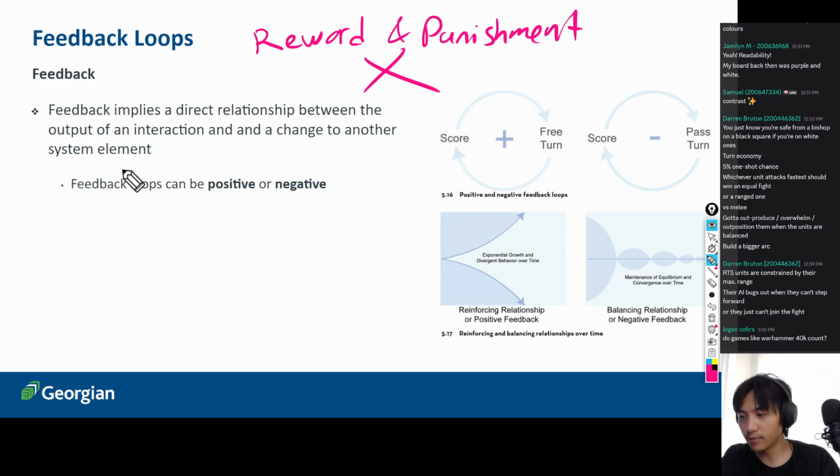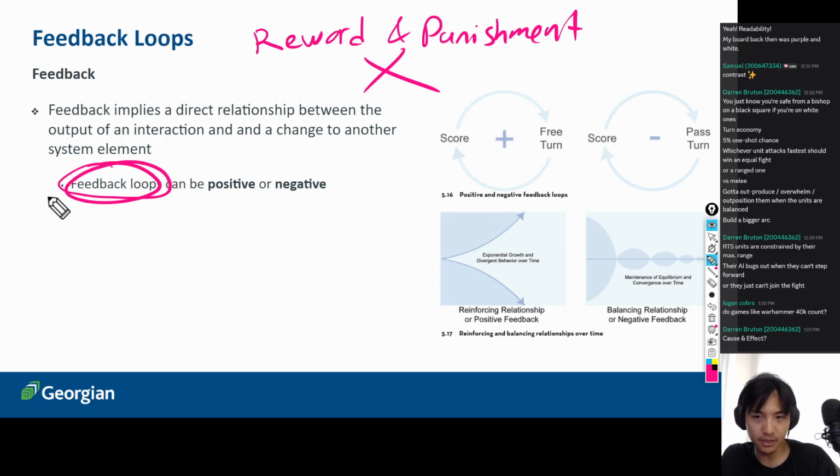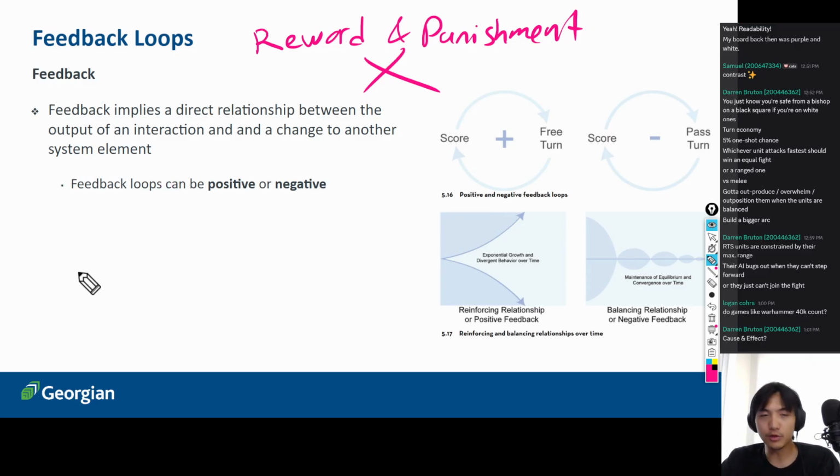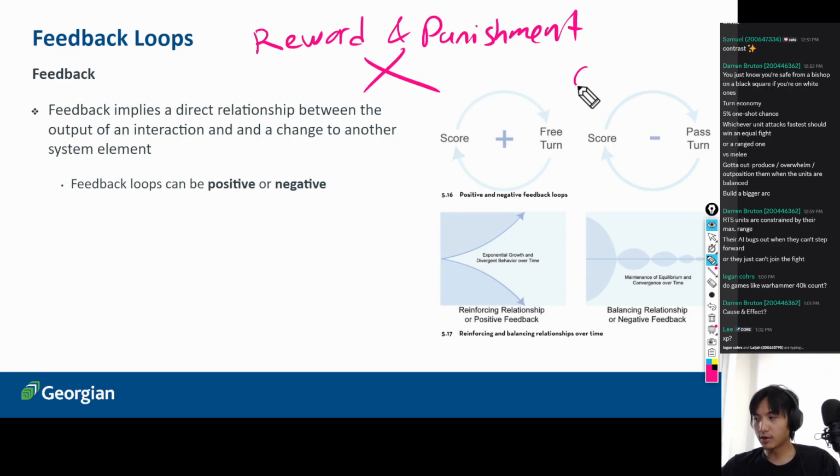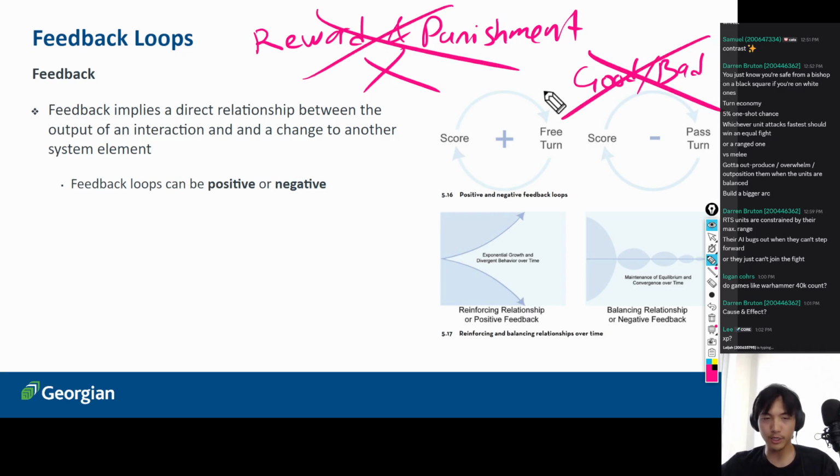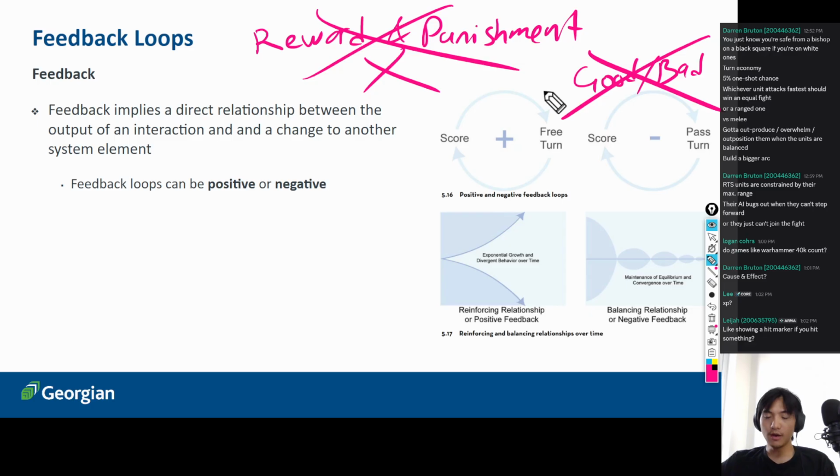When we use the term feedback loop specifically, we're talking about something else. Sometimes you'll use the term feedback, like good feedback or bad feedback. That's not what we're looking at either. Not good or bad, not reward or punishment. Not even positive feedback as in you're doing a great job or negative feedback as in you're not doing a great job. Not that either.